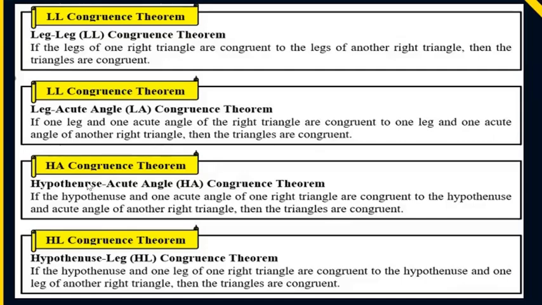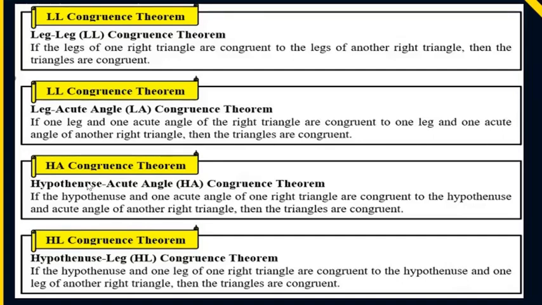We have the HA congruence theorem or the hypotenuse acute angle congruence theorem. If the hypotenuse and one acute angle of one right triangle are congruent to the hypotenuse and acute angle of another right triangle, then the triangles are congruent. HL congruence theorem or the hypotenuse leg congruence theorem.